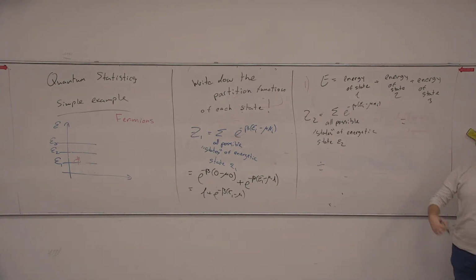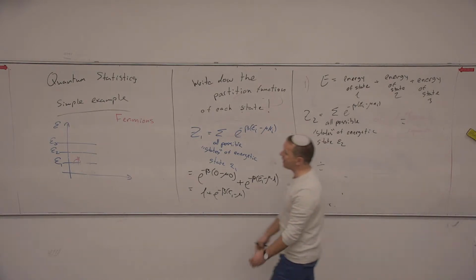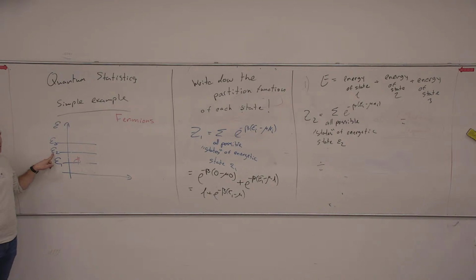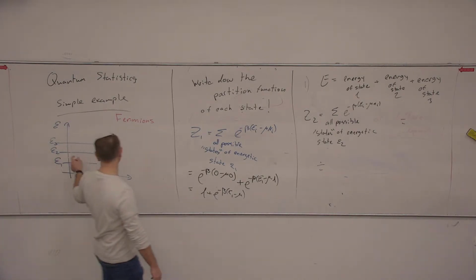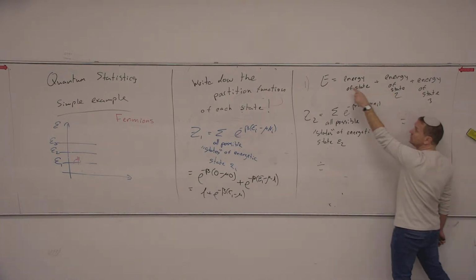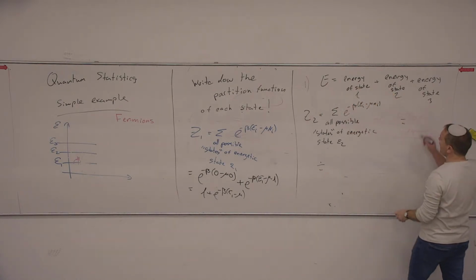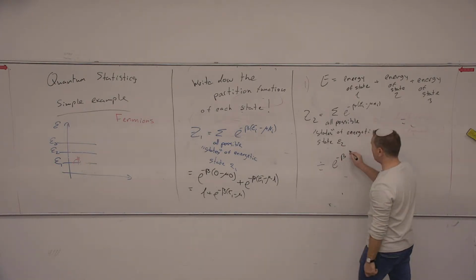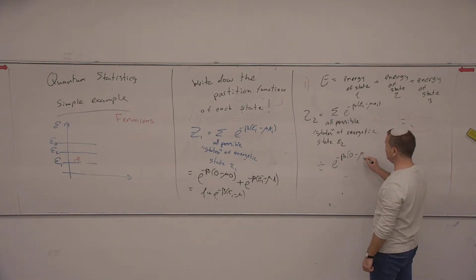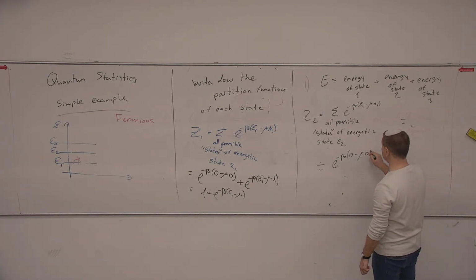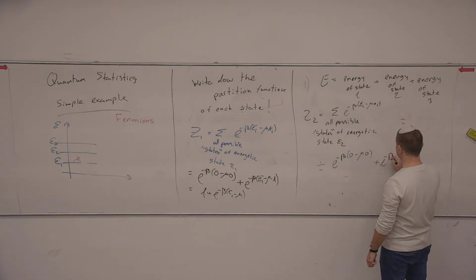Now I'm going to say, okay, the first scenario is that no particle is occupying the second energetic state. When no particles are occupying it, the contribution to the total energy is 0. So we have e to the power minus beta 0 minus mu, and no particles are sitting in this state, so that's 0, plus e to the power minus beta.